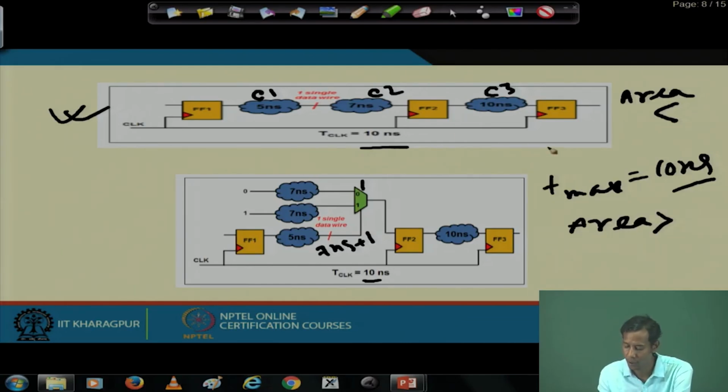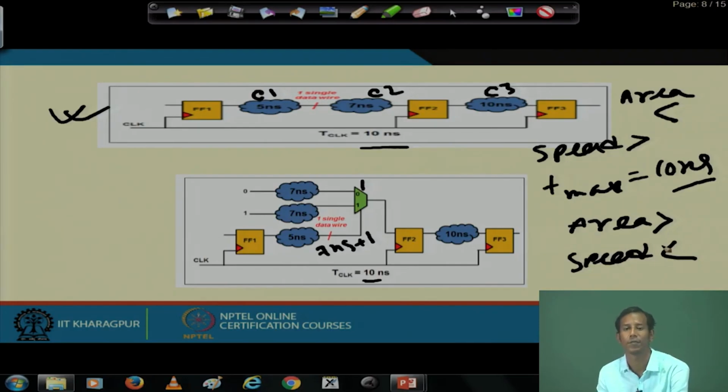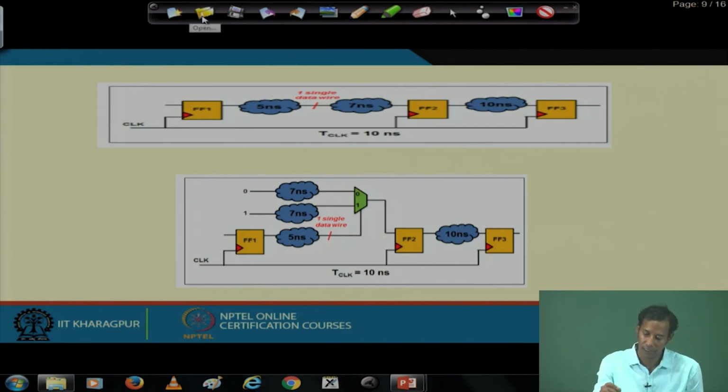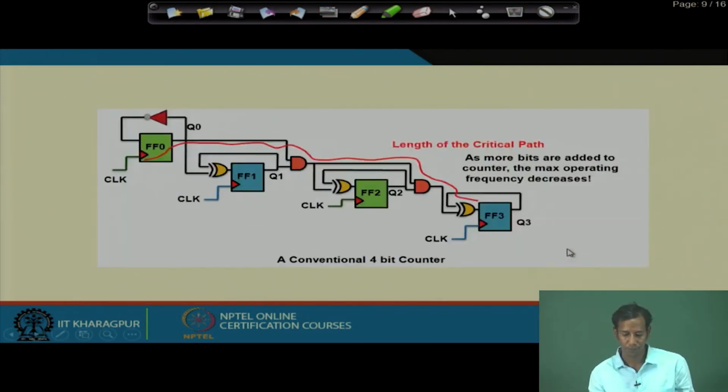In this case the speed is more, but in this case the speed will be lesser. So, with different architectures, we can follow different aspects in design. Then again we will consider another example.